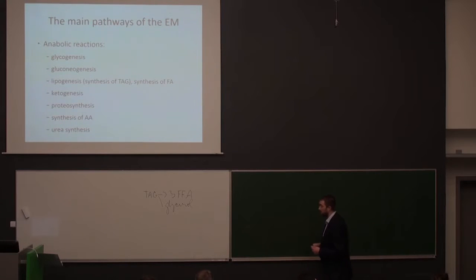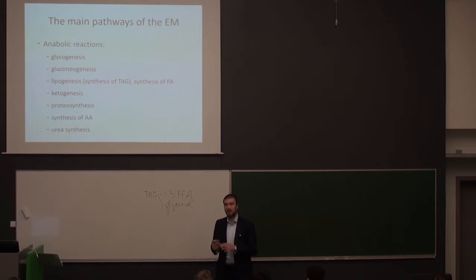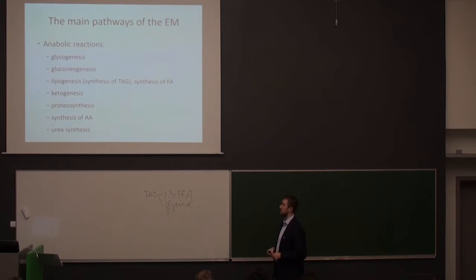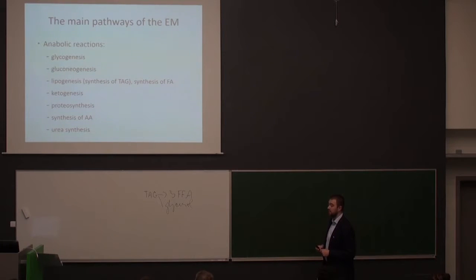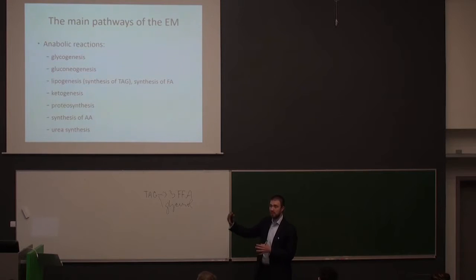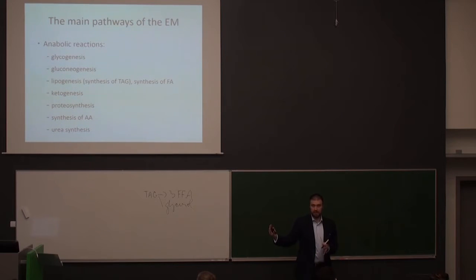So now, anabolic reactions. As you will see, they are to a very big extent the opposite of the previous. First is synthesis of glycogen. In this reaction, you simply take glucose monomers and you produce glycogen. That means a big polymer of glucose molecules.